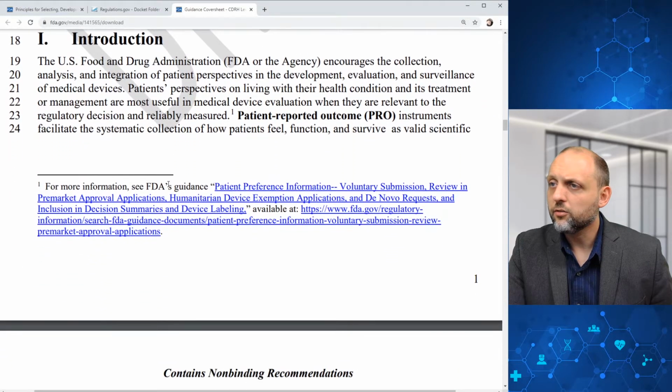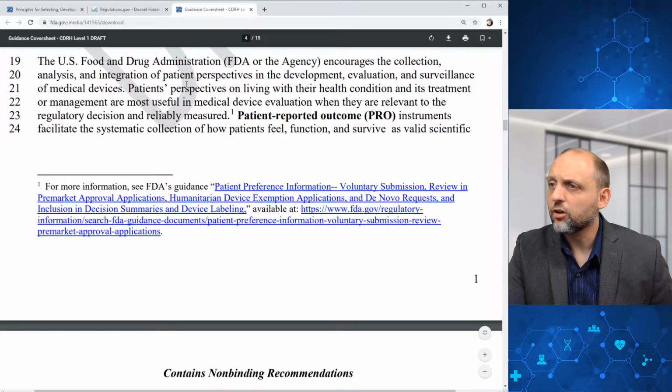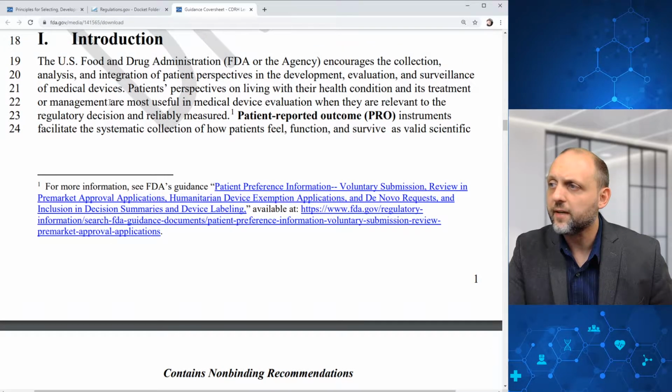And there's an interesting introduction here that I'll go ahead and read. It says, the FDA encourages the collection, analysis, and integration of patient perspectives in the development, evaluation, and surveillance of medical devices. Patients' perspectives on living with their health condition and its treatment or management are most useful in medical device evaluation when they are relevant to the regulatory decision and reliably measured.